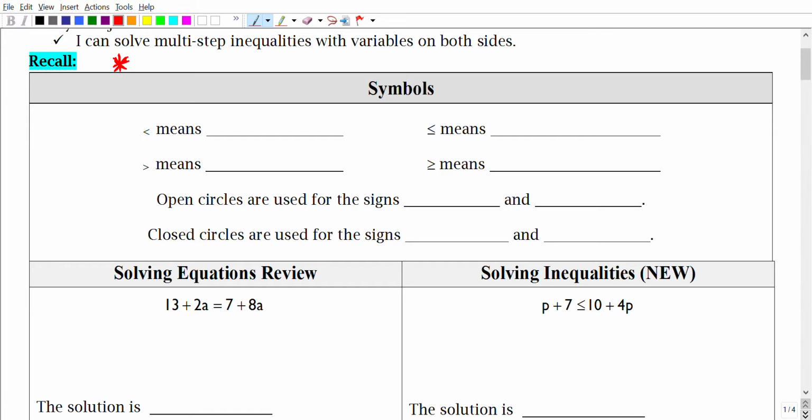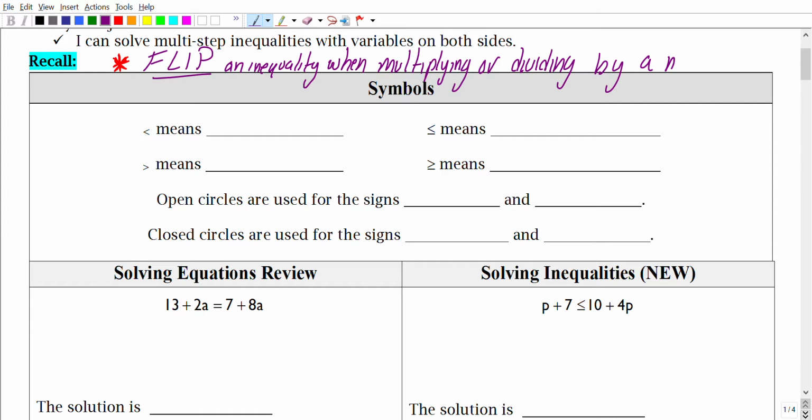I'm going to put a little star here because I really want you guys to remember this one. One of the biggest things with inequalities is that you have to flip the inequality when multiplying or dividing by a negative number.